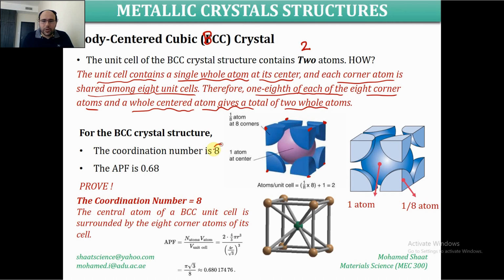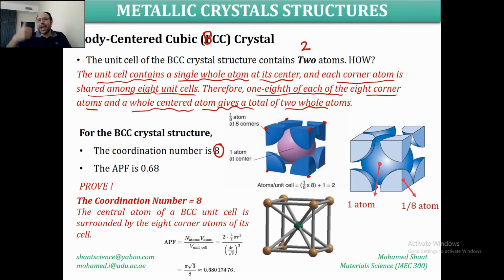The coordination number of BCC crystal is 8. In FCC it was 12. What is the coordination number again? It is the count of the neighbor atoms to any atom that forms this unit cell or crystal structure. It would be easy for us to calculate the coordination number for the BCC crystal structure. It is kind of more complicated for FCC.